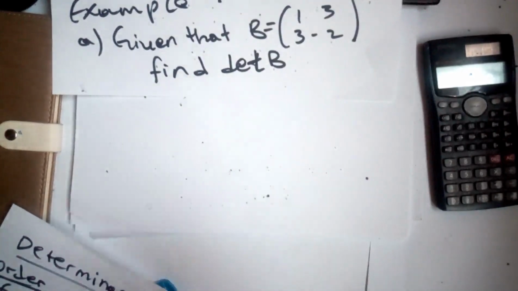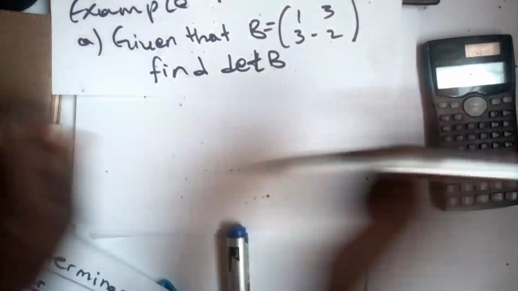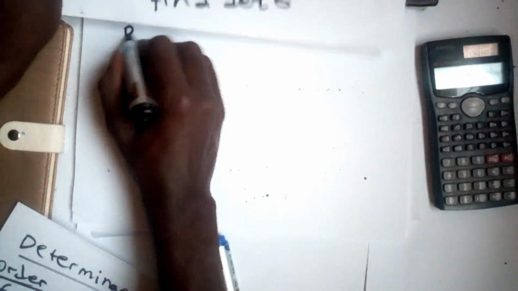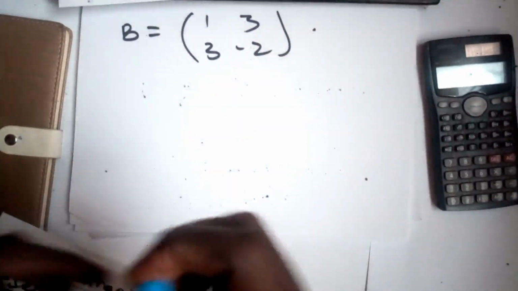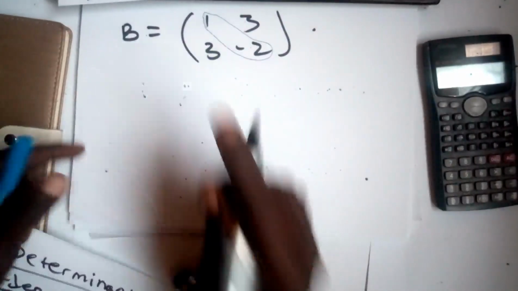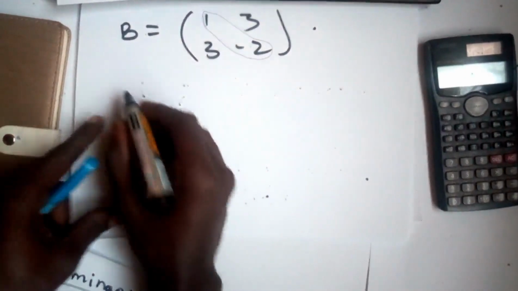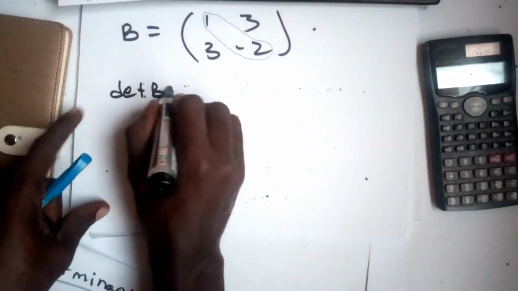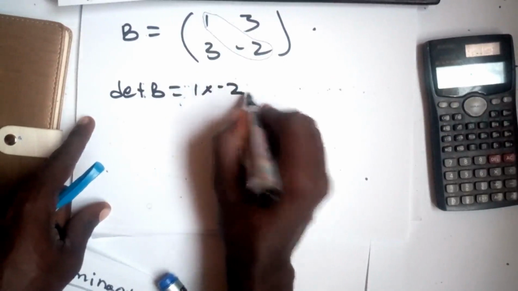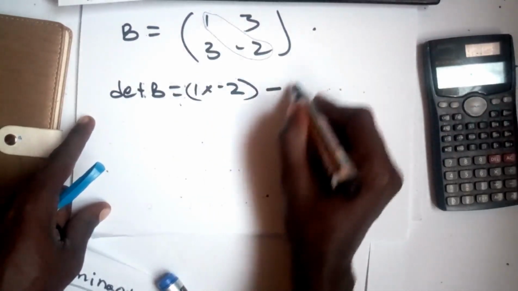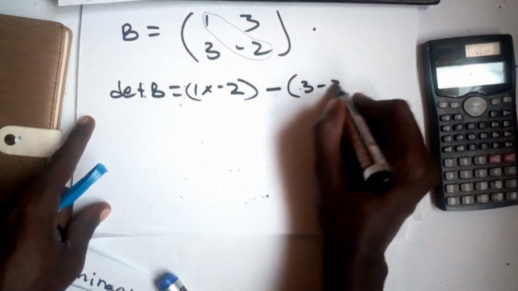If we look at the matrix that we are given above, we have B, which is 1, 3, 3, negative 2. These are the terms in the leading diagonal. So I get the product of those terms, meaning that the determinant of B is going to be the product of the terms in the leading diagonal minus the product of the terms in the minor diagonal.